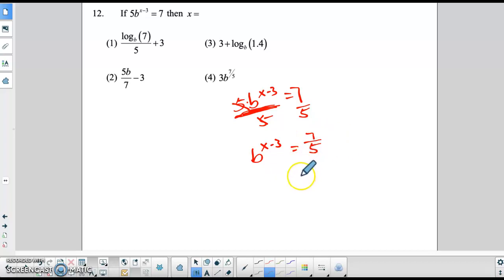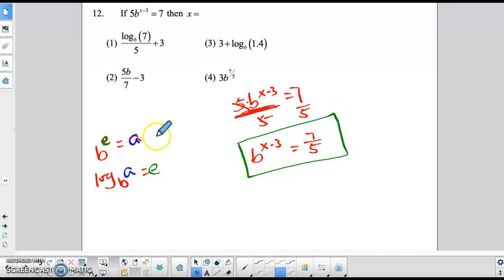Okay, up to here, I need you guys to think about it. In the past, we talked about b to the exponent equal to a. How can we write it as a log? Okay, same thing. You have a base b. Let me just color code it. That will be a here equal to e here. Okay, now if you look at this one, it's in the format of this exponential equation.